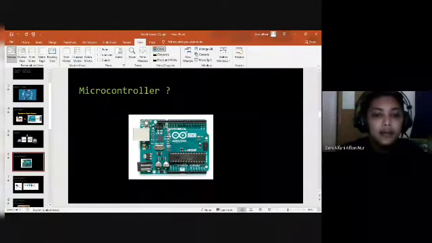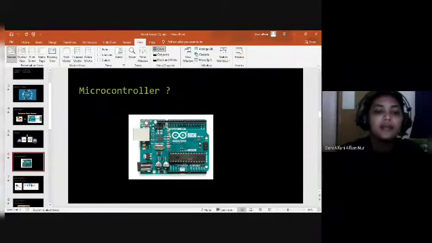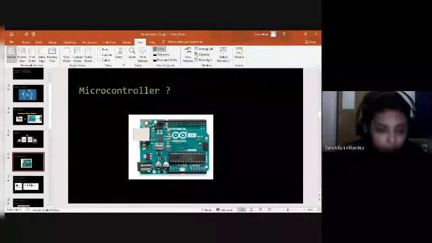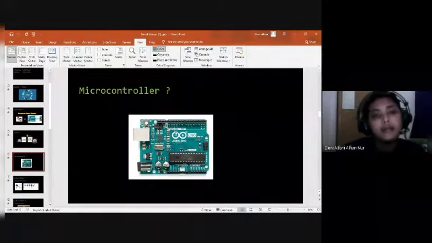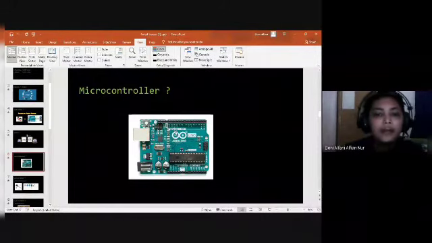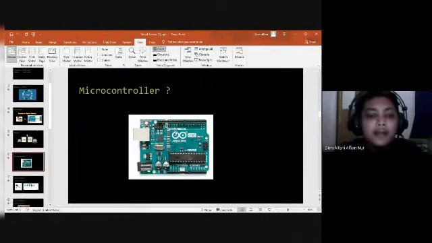IC is an integrated circuit chip designed to perform a specific task or operation.